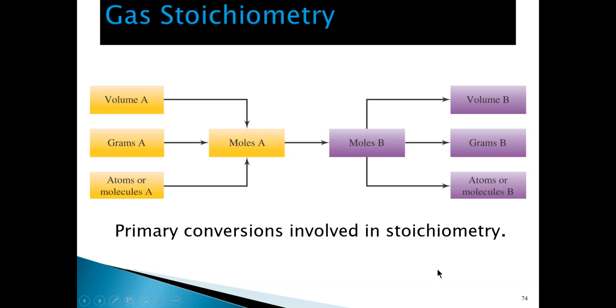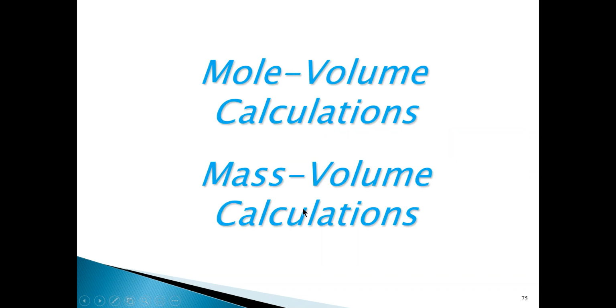Then, depending on how the question is worded, once you get the moles of the other substance B, you may be asked to convert that to either the volume, the mass in grams, or the number of atoms or molecules. So this is basically what is involved in the vast majority of gas stoichiometric problems, or generally any type of stoichiometric problem.